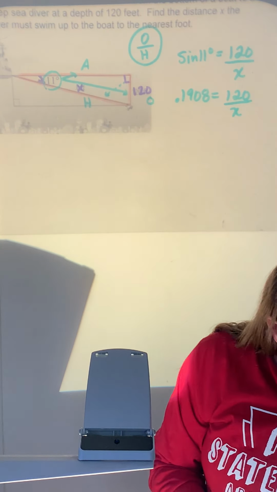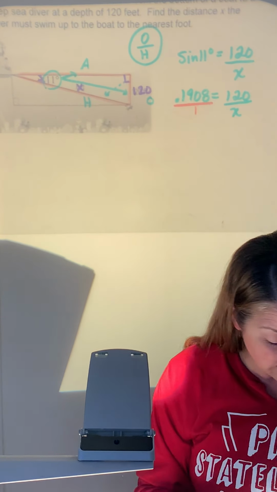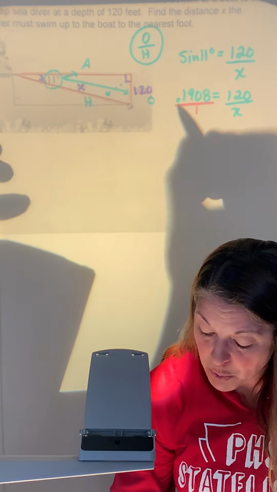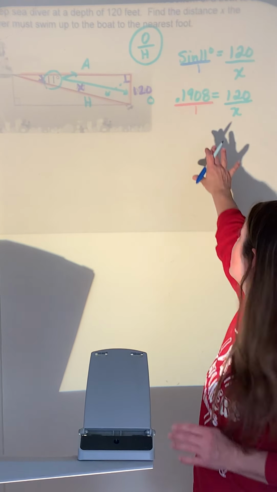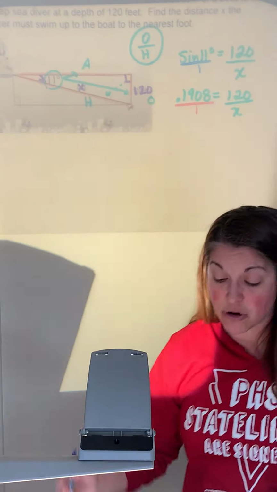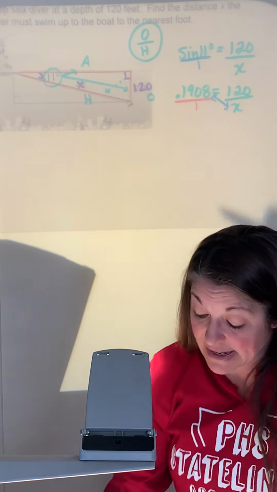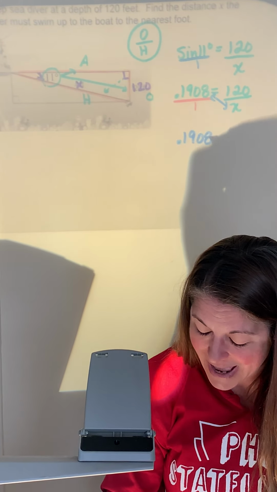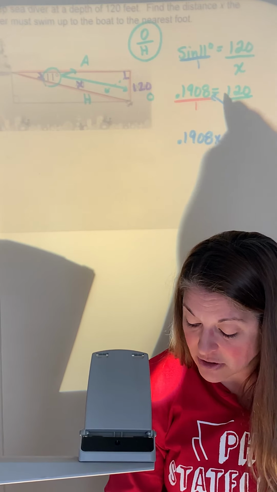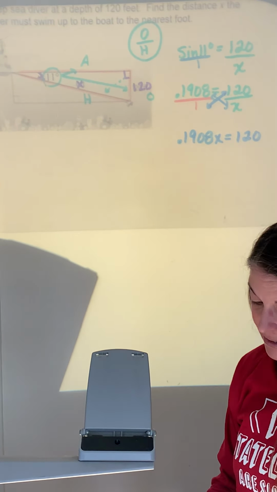All right, we're throwing that 0.1908 over 1, and then let's go ahead and rewrite this proportion. Oh, sorry, this guy was over 1. We rewrote it with the decimal. Now we're ready to cross multiply. So the X is getting multiplied to 0.1908, so we'll have 0.1908x, and then across from here, the 1 and the 120, 120.